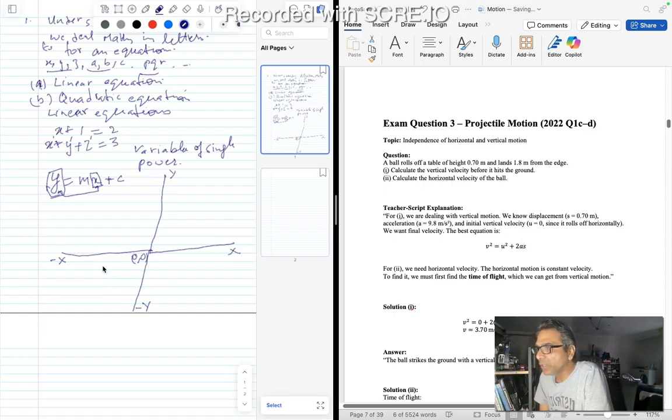In the 2D plane, we have two axes, one is x, one is y, and there are four quadrants: one, two, three, and four. I'm not going into detail, but you should have some knowledge that we can place these values in a graph here.